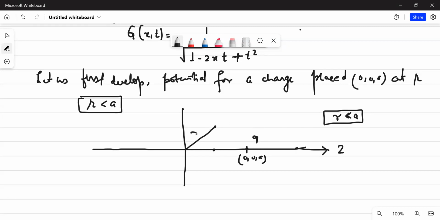Let's say this is your r, and this distance I already know. This is given by a.